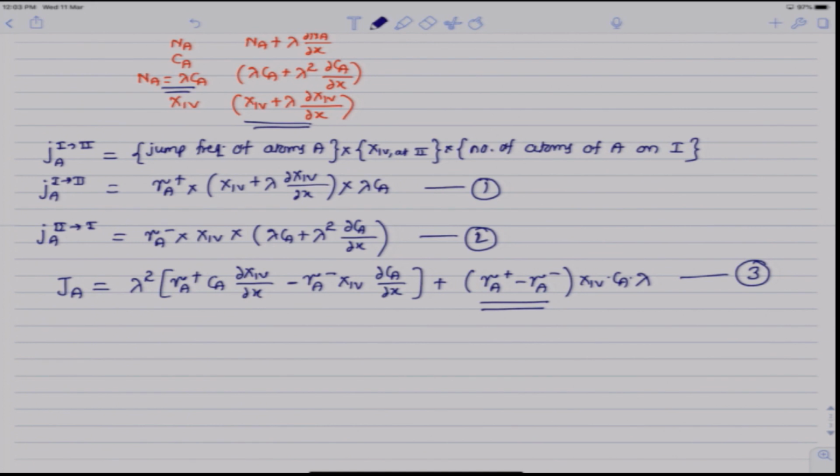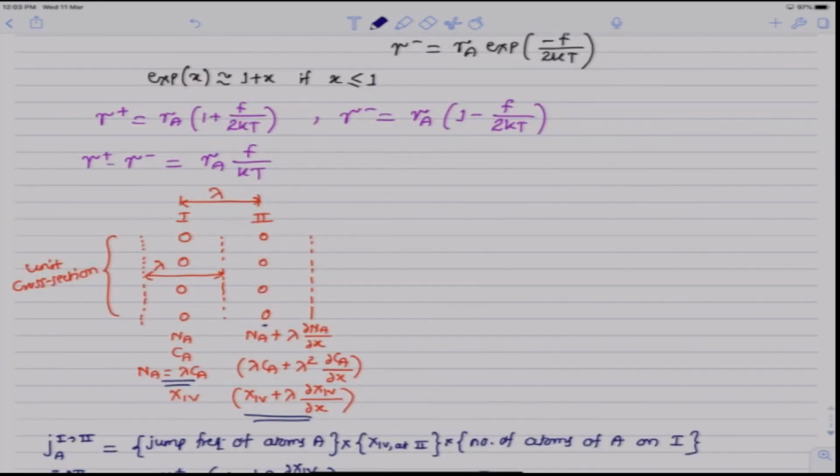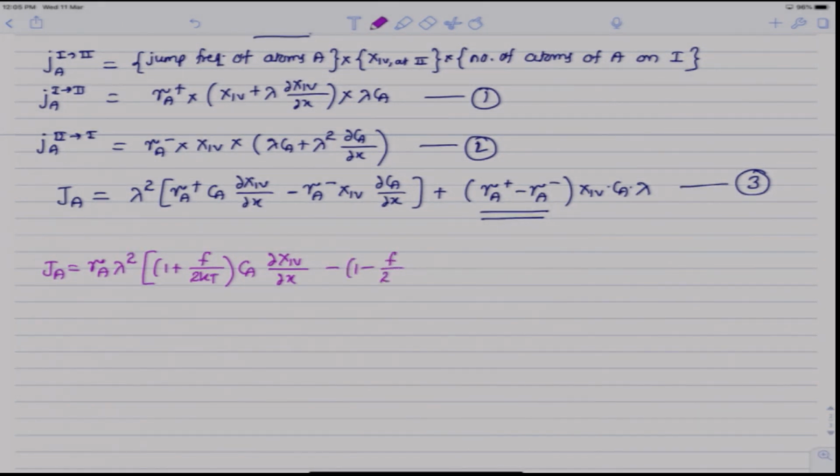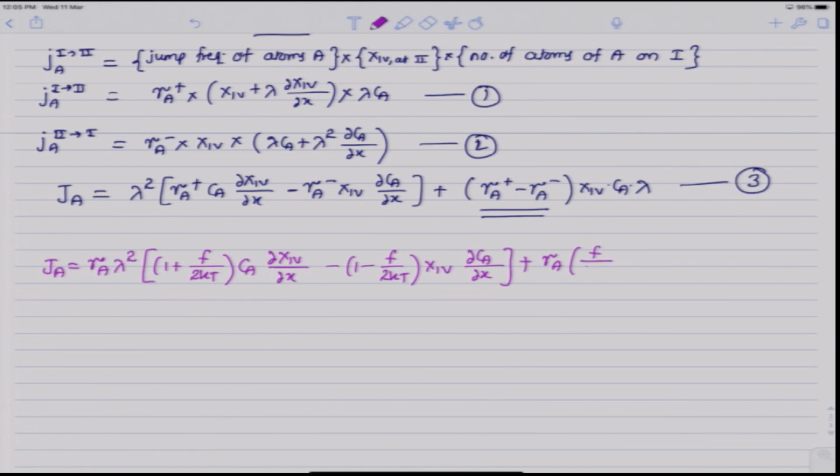So if we now substitute for gamma A plus, gamma A minus, and for the difference between gamma A plus and gamma A minus from these equations here, we will get J_A equal to gamma A lambda square into [1 plus f over 2kT times Ca ∂x1v/∂x minus 1 minus f over 2kT times x1v ∂Ca/∂x] plus gamma A times f over kT times x1v times Ca times lambda. Let's call this equation 4.